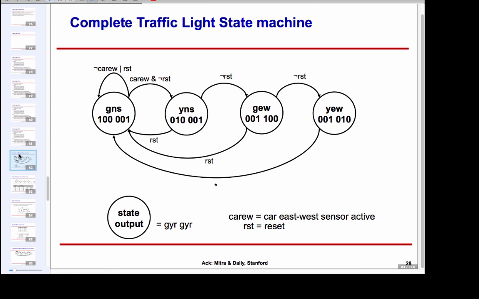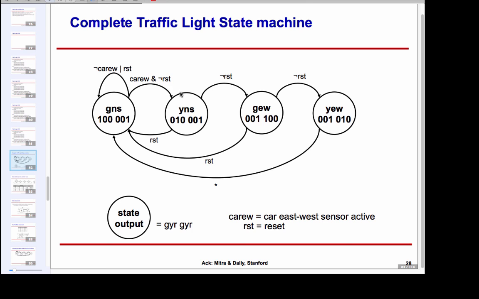So that's the next thing we write. And now finally we write the transitions. For reset, it means that if reset is high on any one of these latter 3 states, we move to green north-south. Now let's say we are in green north-south. If car east-west is indicating there is a car and the reset signal is false, then I move to yellow north-south because I have to turn the light green.